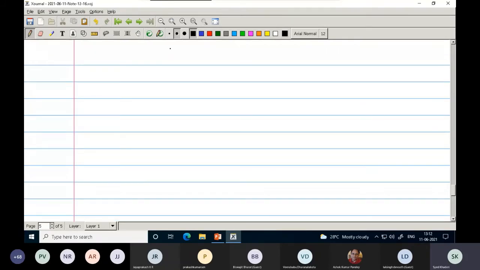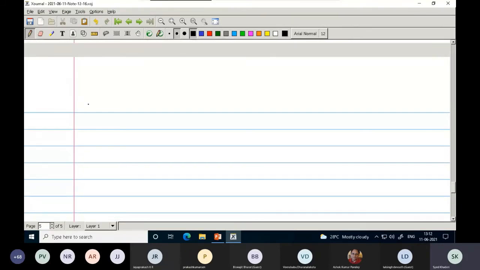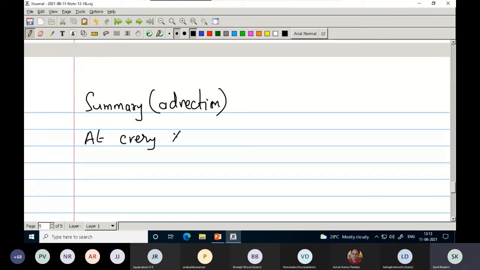Fine. So we'll go to the summary of advection. What I was saying is at every x and t, at every point in the space-time domain, there is a line along which the temperature is constant.